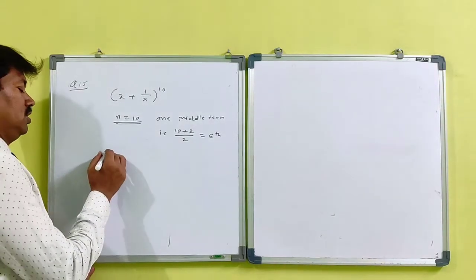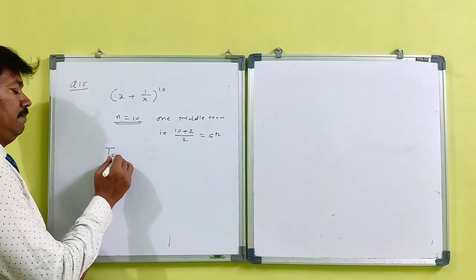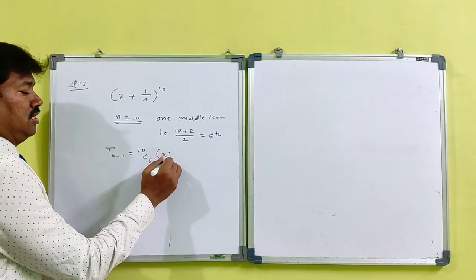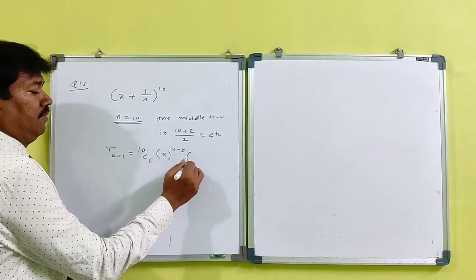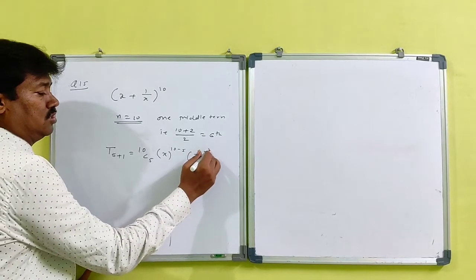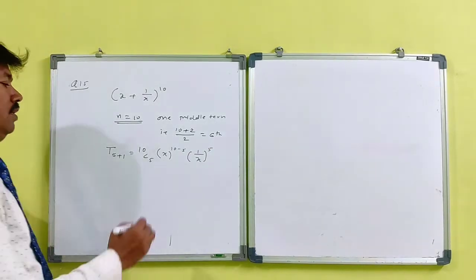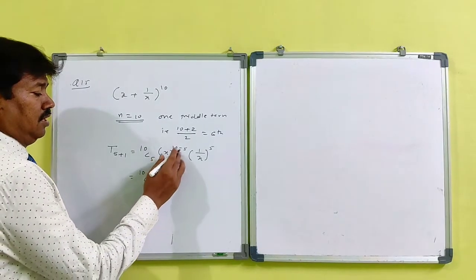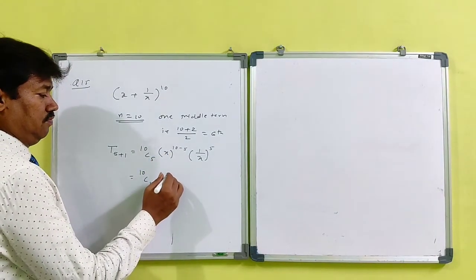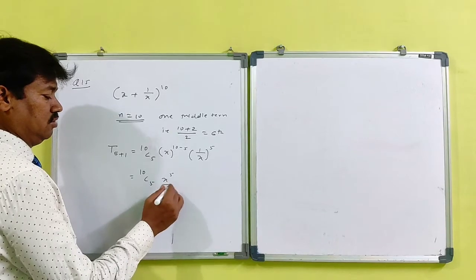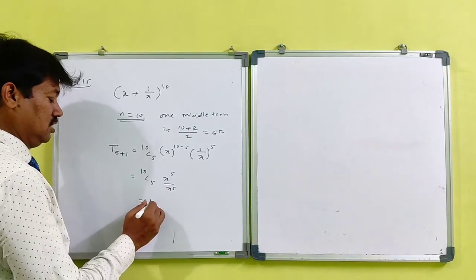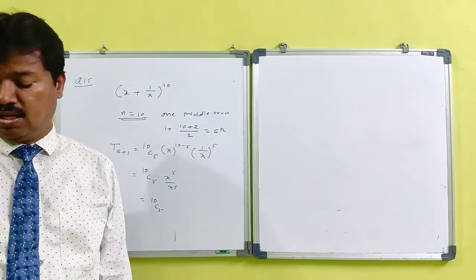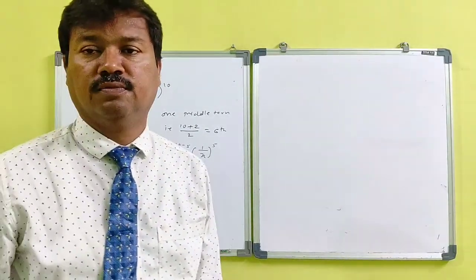The 6th term is t 5 plus 1. So that is 10c5 x raised to 10 minus 5, 1 upon x raised to 5. So it is 10c5 x raised to 5 upon x raised to 5, that automatically gets cancelled. So the answer for this is 10c5. So that's it.